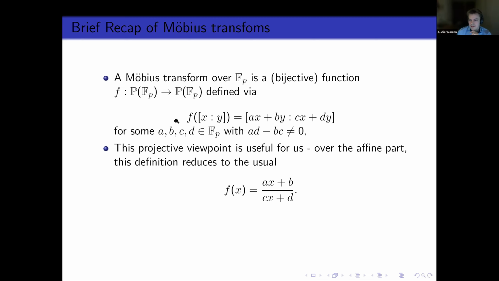Now, this is actually rather important for us, that we think about these things projectively as opposed to just the standard definition. But if we were to take this definition here, this f of the projective point (x, y) is this linear combination here, and restrict it only to the affine part, then we just get the normal definition. Okay, so this definition down here would be the standard definition, which I'm sure most people have seen.